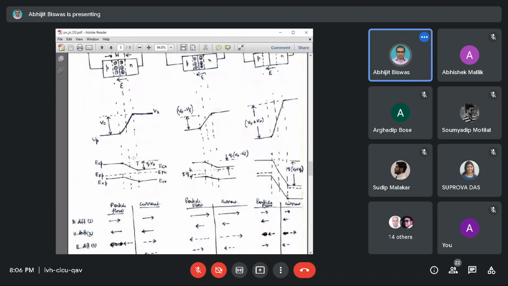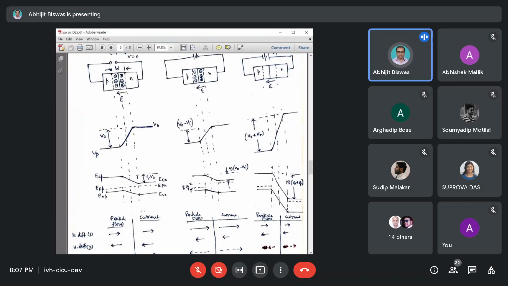And if we multiply this potential profile by -q, then it will be inverted. And not only inverted, but also you will find two traces. One is for the conduction band edge, another is the valence band edge, and they are separated by the band gap of the material. And one important thing you must remember: as we have not applied any bias across the PN junction, the Fermi level is constant throughout the structure.